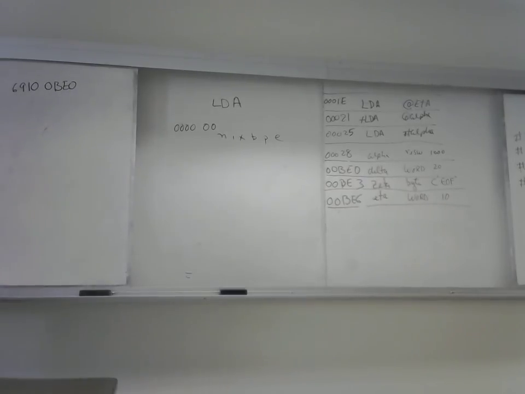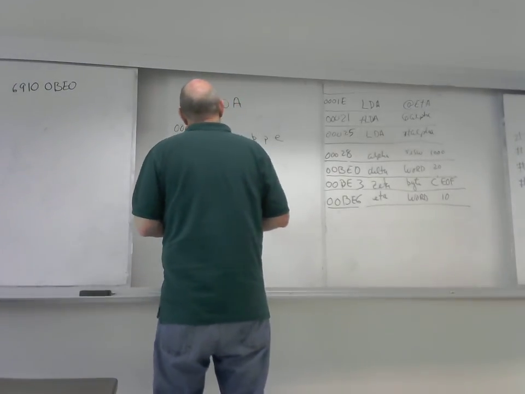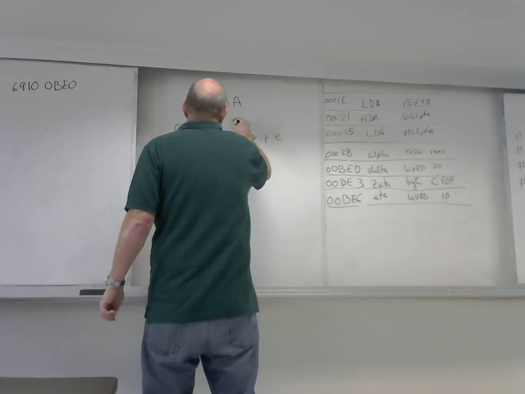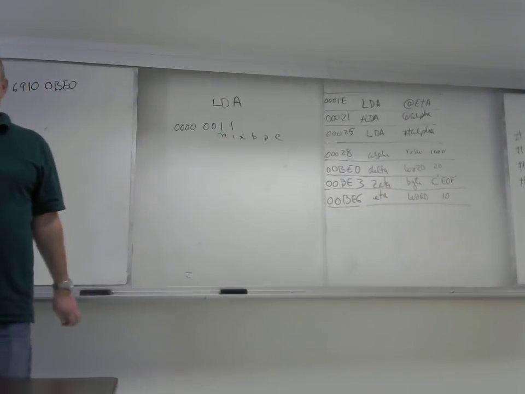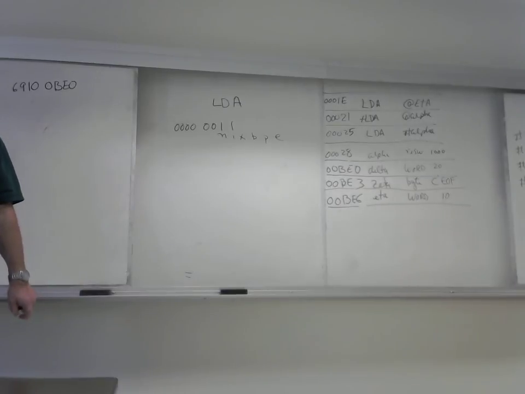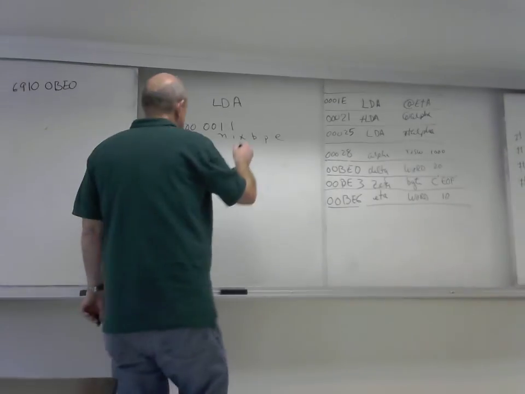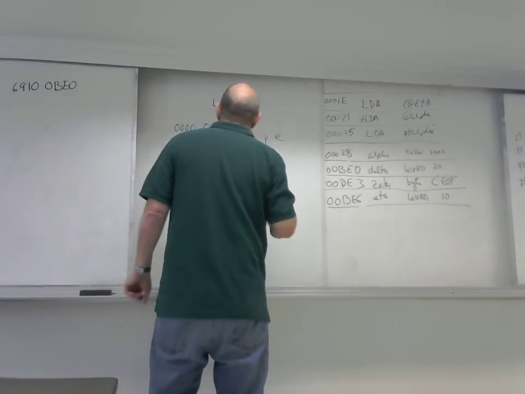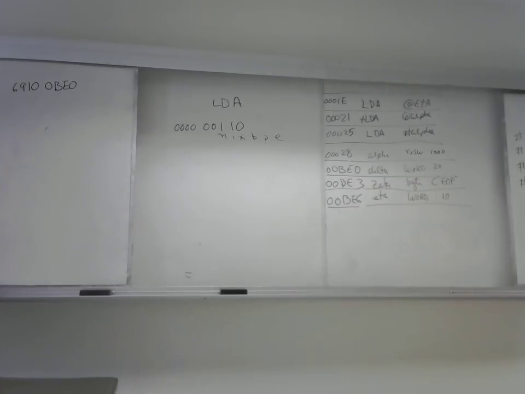Okay. So it's not immediate, and it's not indirect. So these become 1. Remember, 1 means it's neither. The reason for that, 0, 0 is the original SIC, so it's for backward compatibility. If it's neither one. X, no, there's no X. Base or PC relative. Okay, that's why this differs from the next one.